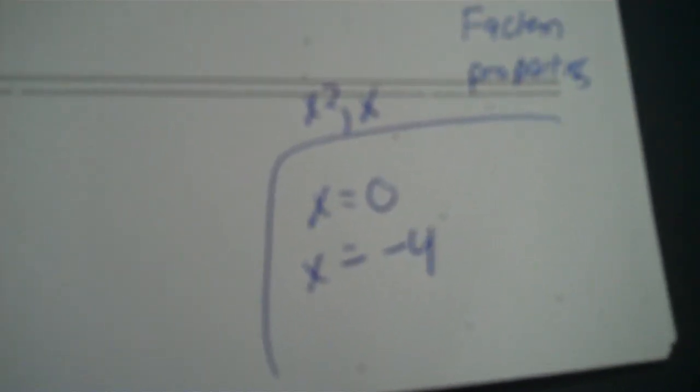Now I use the zero product property where I set each of the factors equal to 0. Divide by 4, and x would equal 0. Then take out the times 1, don't need it. So you subtract 4, and that's negative 4. Okay, so 0 and negative 4.